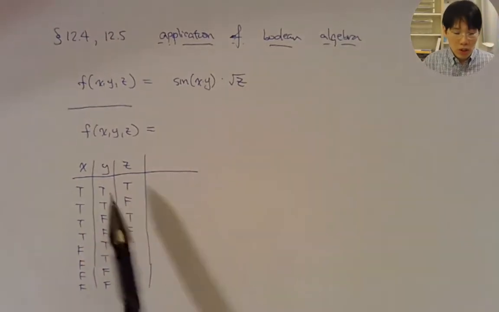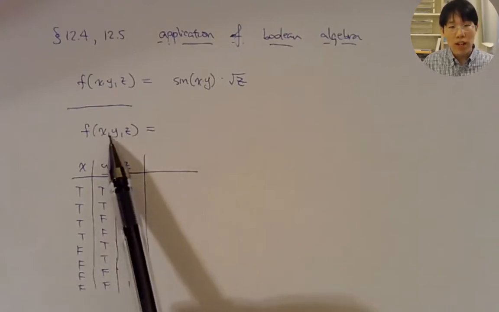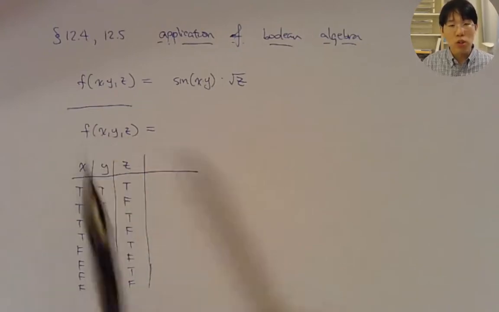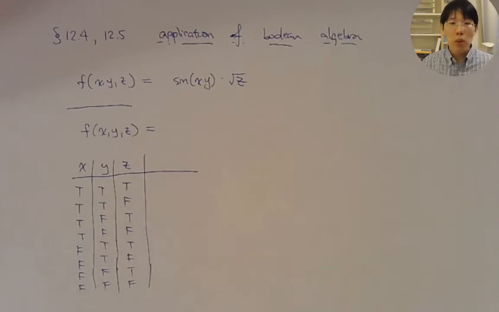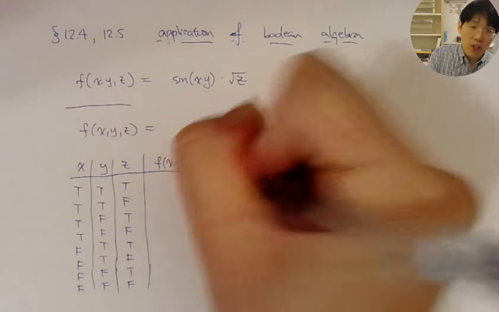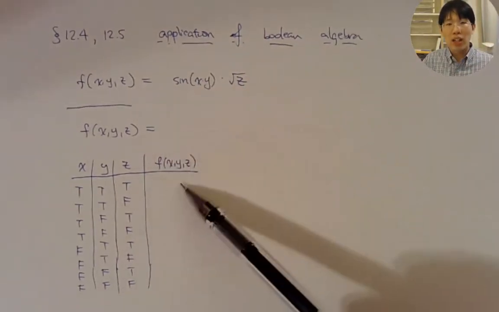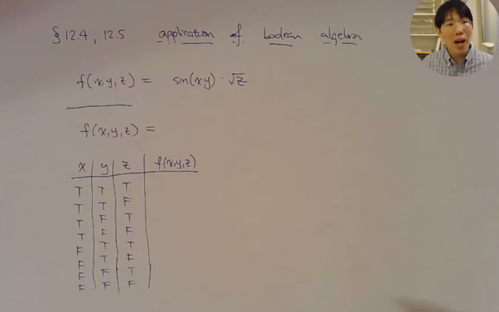Now there are 8 different ways I could enter trues or falses into the function f, and then the output is something. And usually what you've done is you have an equation here and then you calculate the truth value. Let's go backwards.